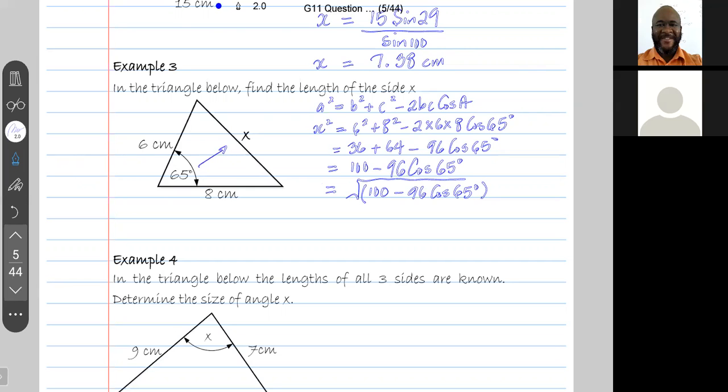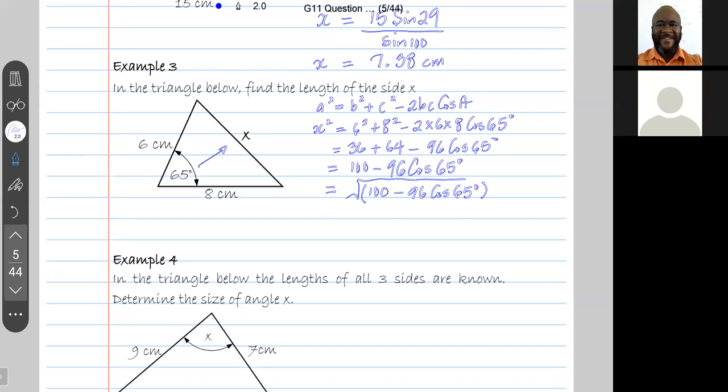The alternative is to work it out and then find the square root. So I'm going to have square root, open bracket, 100 minus 96 cosine 65, close bracket, press equal. Intelligent calculators give you an open bracket automatically when you type square root.